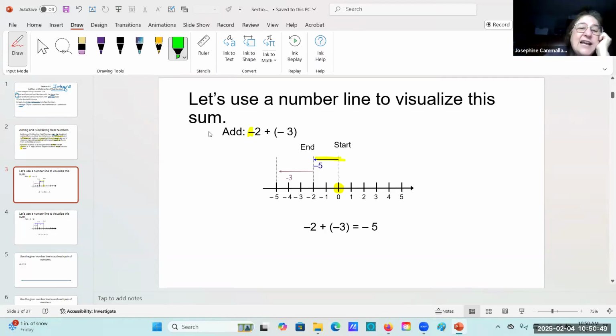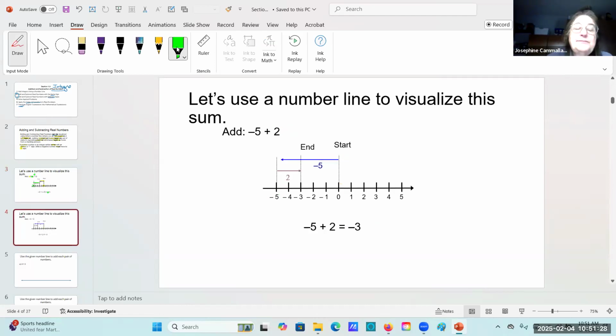And this sign means continue on in this direction, which is a -3. X marks the spot. Where did we end? Two negatives means I'm going left, left. Or think about you withdraw $2 from your ATM and then you withdraw $3. How much have you withdrawn? A -5.